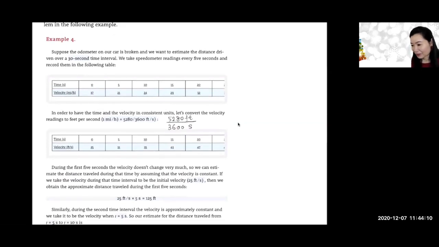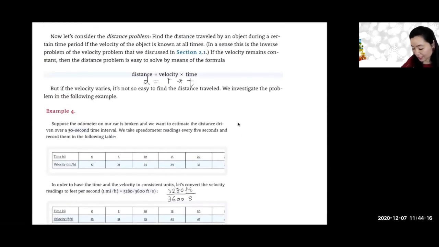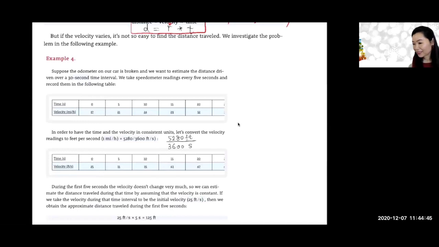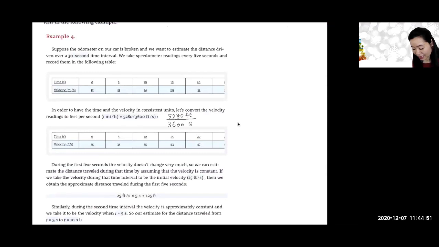Now, what happened over here? Remember, this formula: distance equals rate times time. The rate over here is the constant velocity or average velocity, average rate. Now, over here, you read the speedometer every 5 seconds, and you got those numbers.